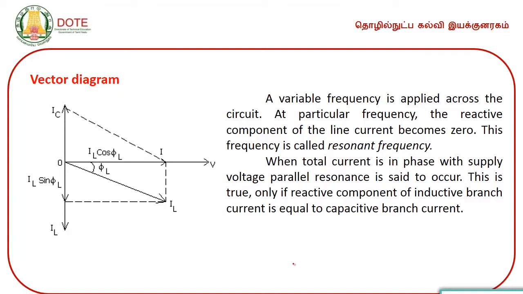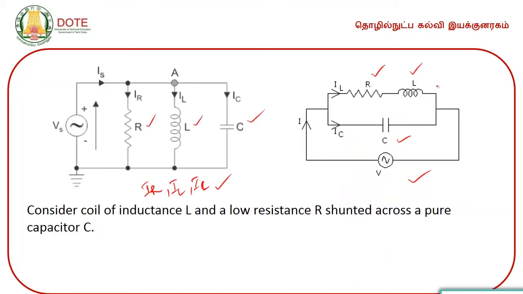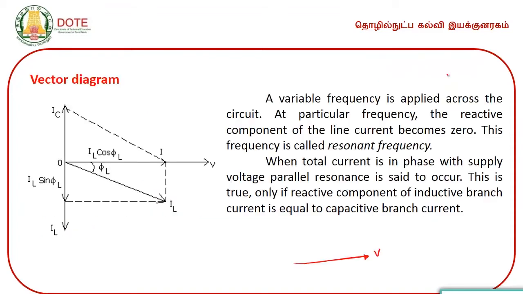So, the phasor is like this. V is taken as the reference phasor. In this network, it is a series combination of R and L. We have already learnt that whenever you have a purely inductive circuit, the current phasor will be exactly lagging behind the voltage by 90 degrees.